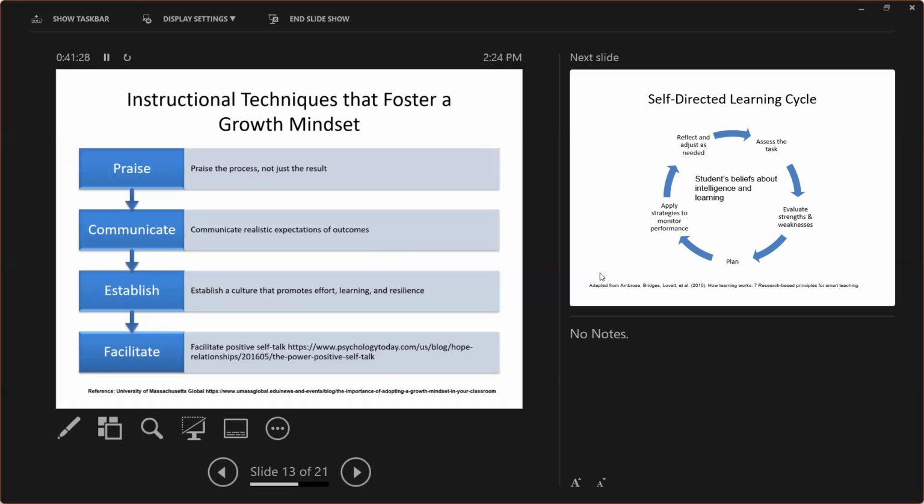And by praising the process and the effort, and praising across the various students, making sure it's not always the same couple of students that get the praise. So, maybe I really struggled with a certain formula.